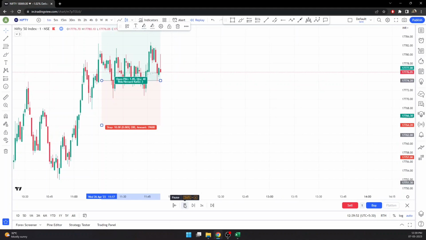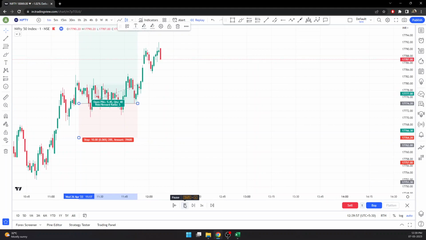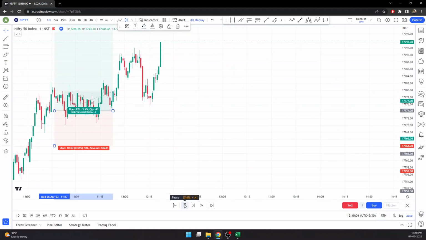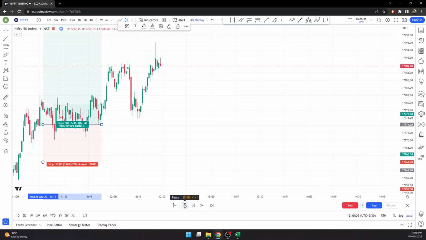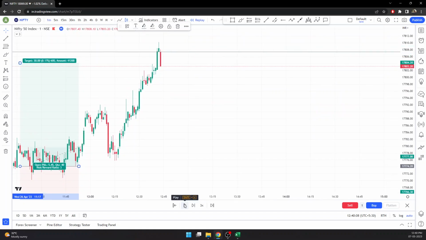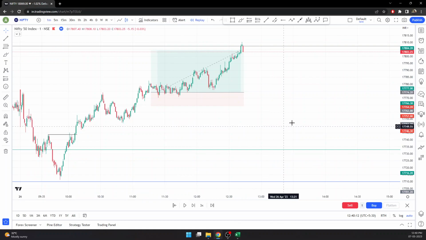Yes, good. Again going back. Coming down. Let's see if it can hit our 1:3 target. Yes, it hit. Eventually it went and hit our target.